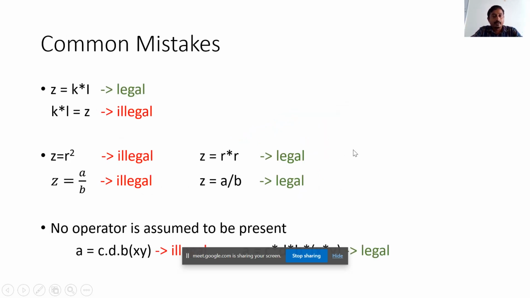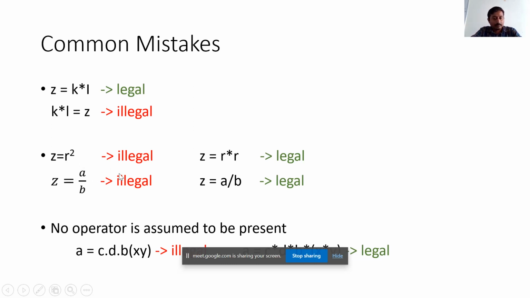Now let us see some of the common mistakes that we make during programming. When we write a program, this instruction is legal, that is z equals k into l. But in mathematics we have a habit of writing expressions in this way also. This expression is illegal in programming. There will always be one variable on the left side of the assignment operator.